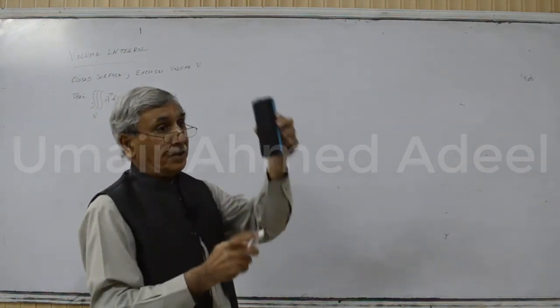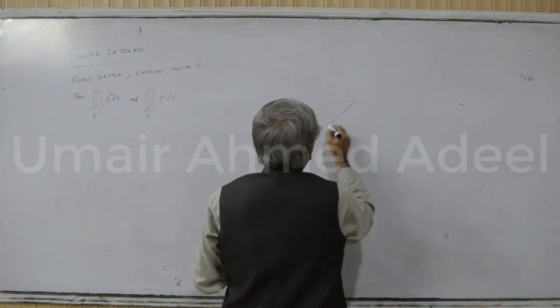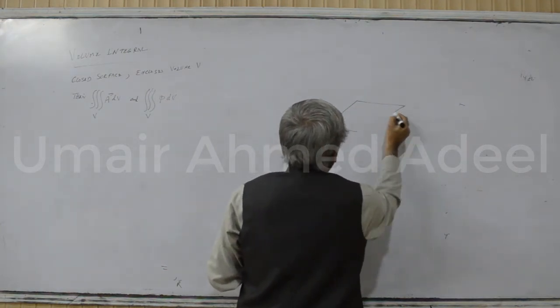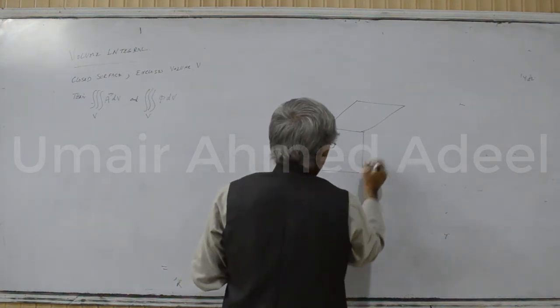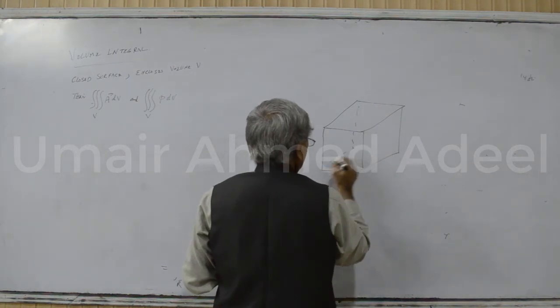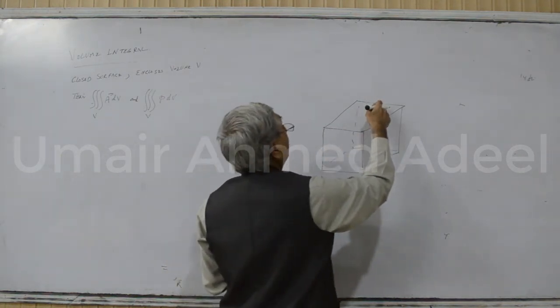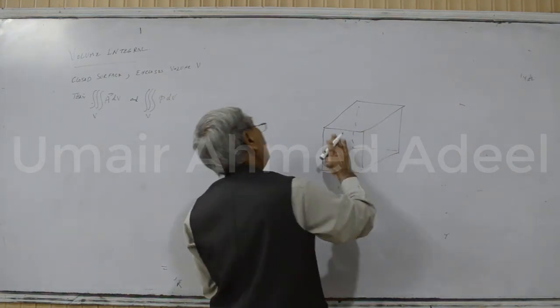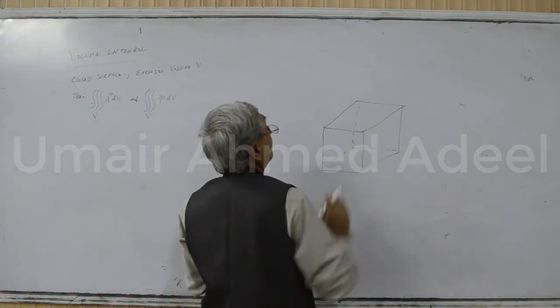So a cube is a volume bounded by six surfaces.